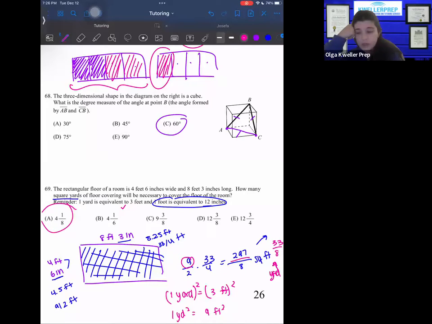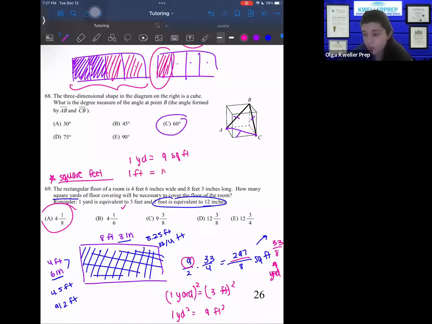The big thing to take away from here is when we're dealing with square feet, you have to change your conversion factor. So 1 square yard is equal to 9 square feet, and 1 square foot is equal to actually 144 square inches. So it's not something that you have to memorize these conversions.